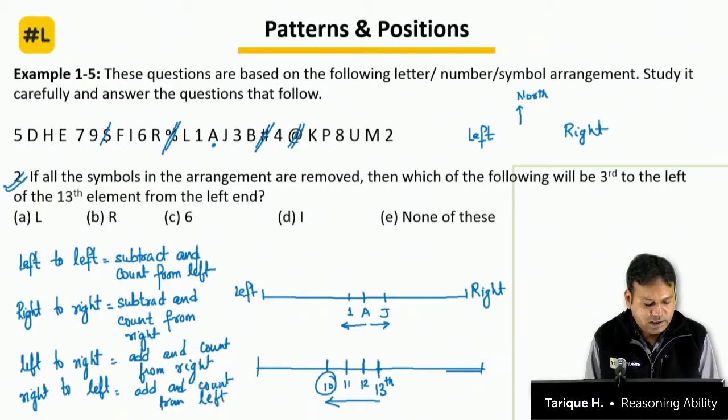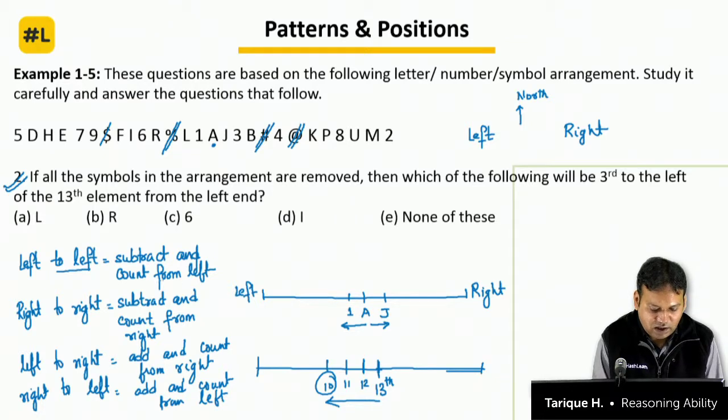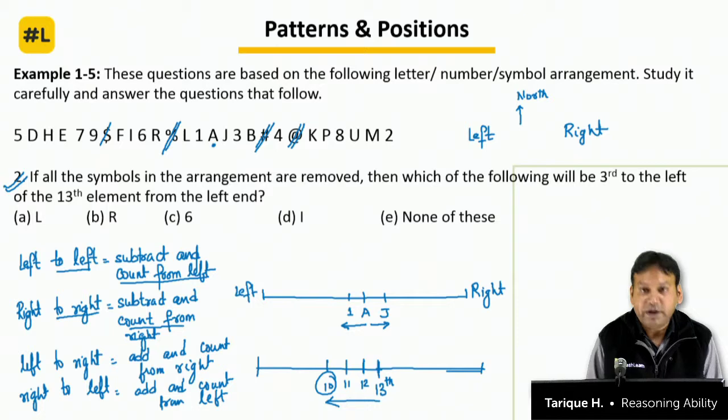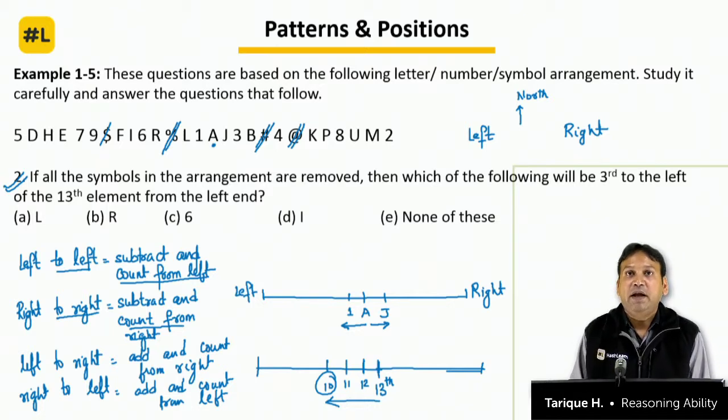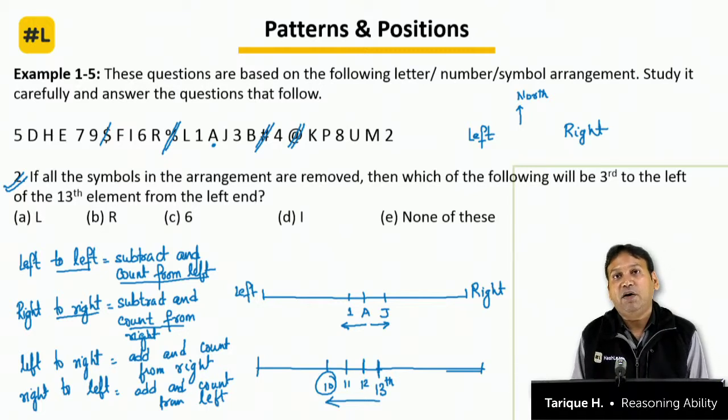It's also easy to understand when you say to left, we count from left. To right, we count from right. Left to left subtract, right to right subtract, left to right or right to left you add.